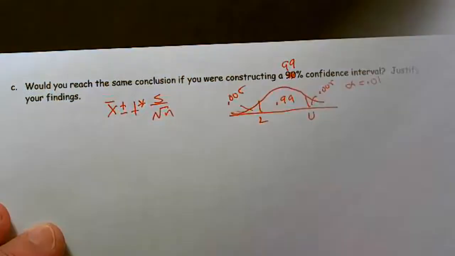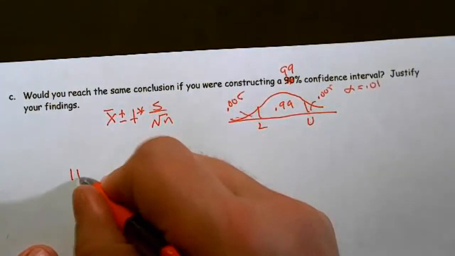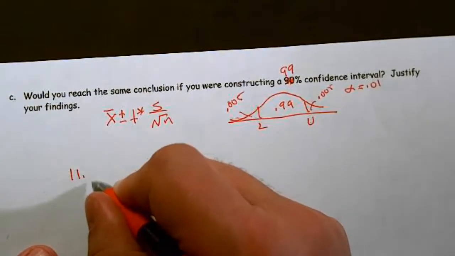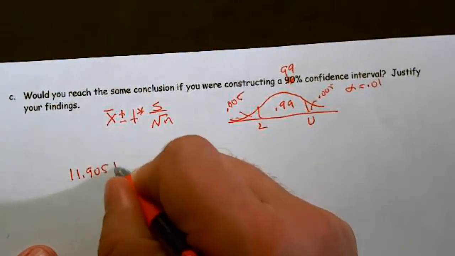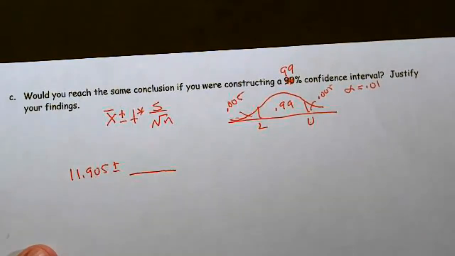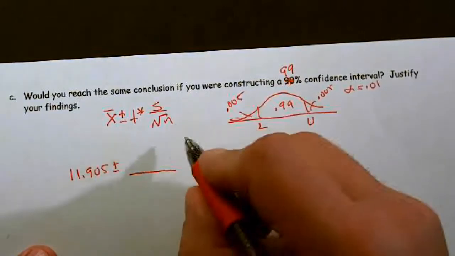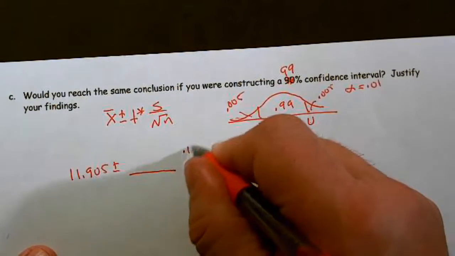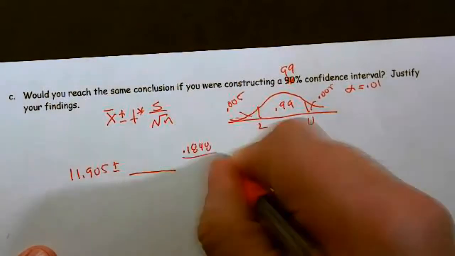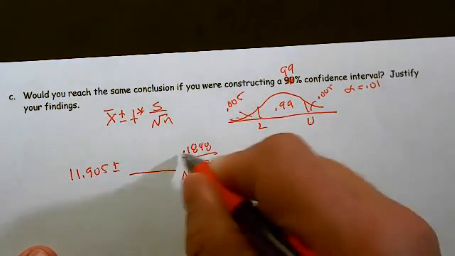We start plugging in, and we're plugging in from what we've previously done. And so our x bar from previous was 11.905. Plus or minus, we'll have to get a new t star because we changed our confidence level to 0.99. S, in this case, is still 0.1848. And our square root of 20.